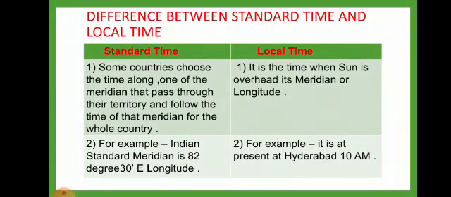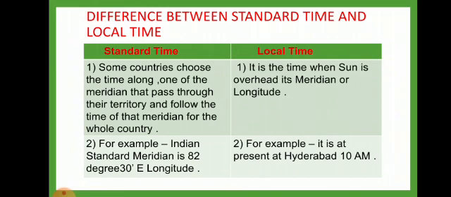Now let us see the difference between standard time and local time. Standard time, 1: some countries choose the time along one of the meridians that passes through their territory and follow the time of that meridian for the whole country.